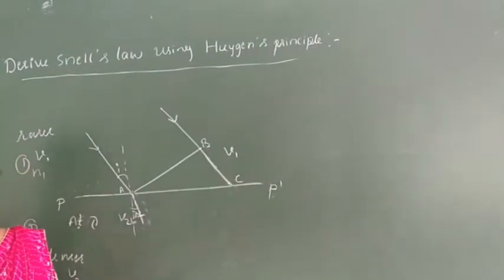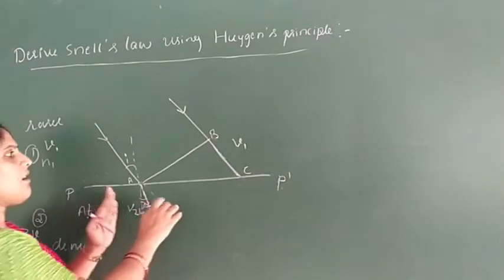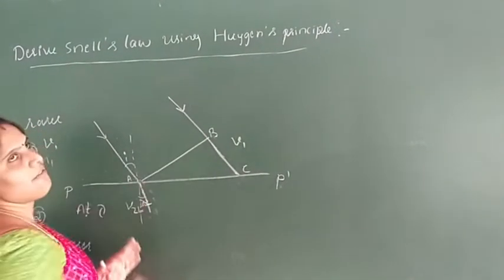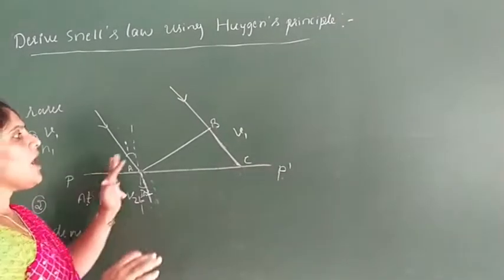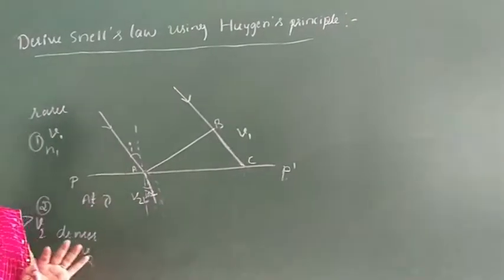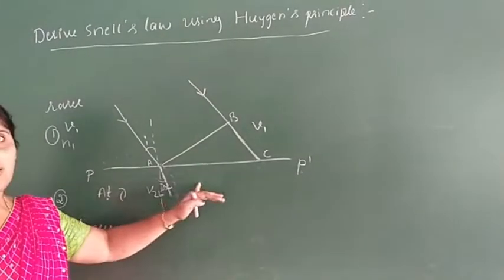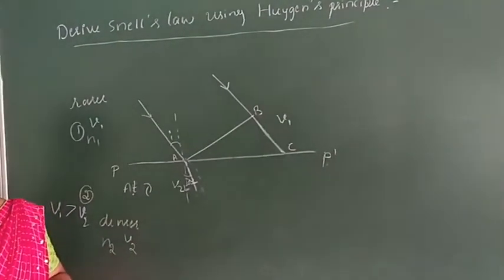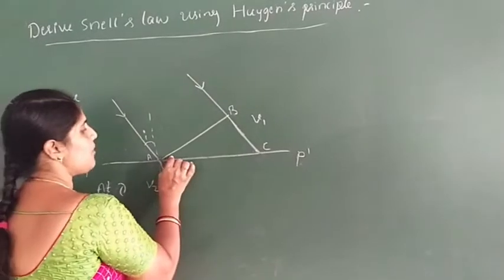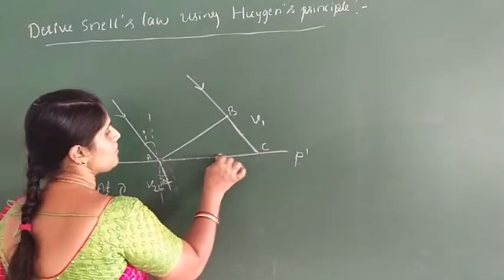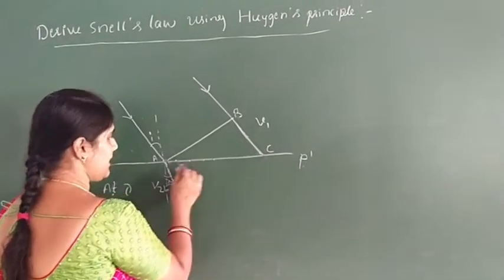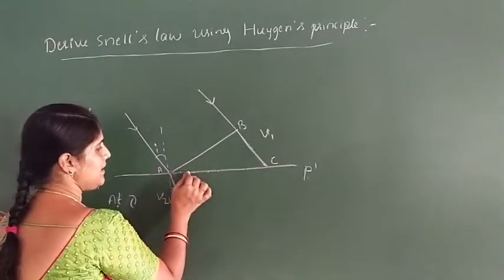According to Huygens principle, let us consider this as a plane wavefront. According to Huygens principle, each point on the wavefront is the source of secondary wavelets. So each point on the wavefront is the source of secondary wavelets like this.